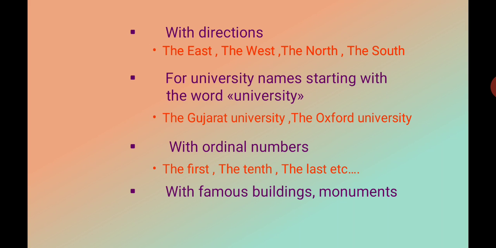And there are so many famous buildings in the world, not only in our city, not only in our country, not only in our state, not only in 4-5 countries, but all over the world.